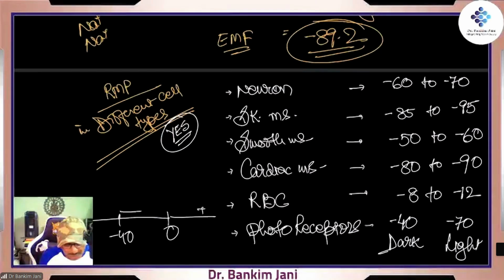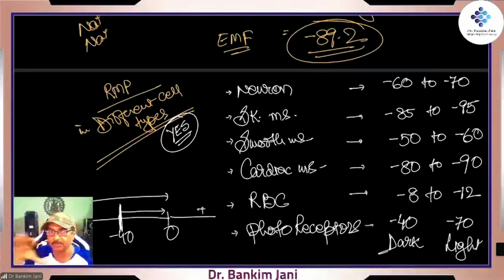So obviously from here to here, you'll reach 0 faster, and from here to here, it will take more time. So this is more sensitive, right? As soon as the light drops, instantly you'll be able to see things in the dark. In the dark, you'll be able to perceive things much more effectively. Rods and cones.